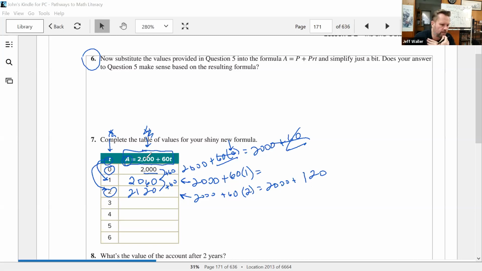I like it. So before we were doing linear growth without an equation. We were just adding the same amount. So now you see the shortcut to do this. You just add 60, add 60, add 60. Which kicks ass. All right, maybe. Is every formula linear? Hell no. The minute my t has a squared or a cubed or a square root or something funky happening to it, it's not linear anymore.